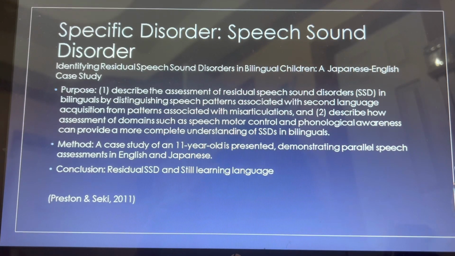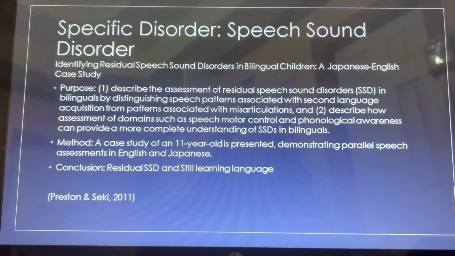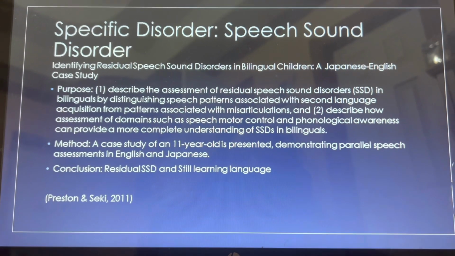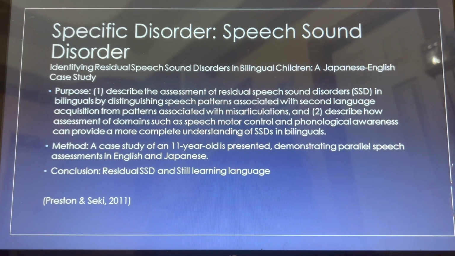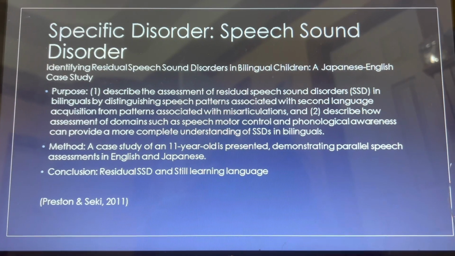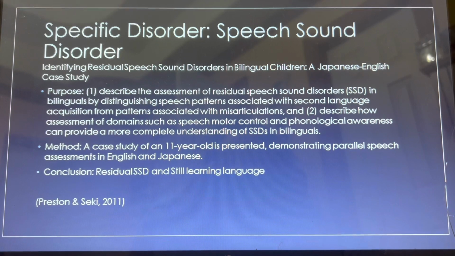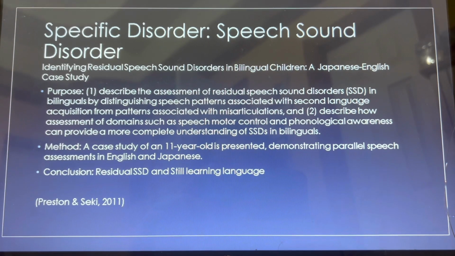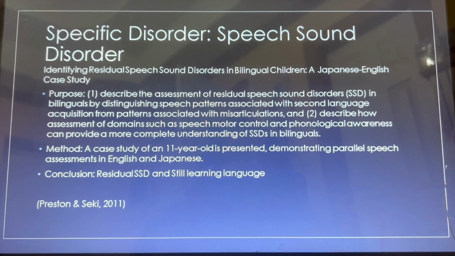So ultimately, what the study wanted people to see is that there doesn't need to be just one reason as to why this child is having these issues. The child doesn't need to be just, oh, he's just learning the language, or oh, he just has a speech sound disorder.